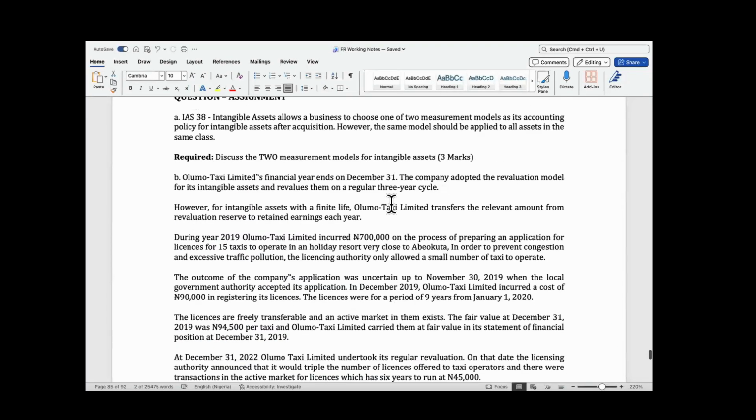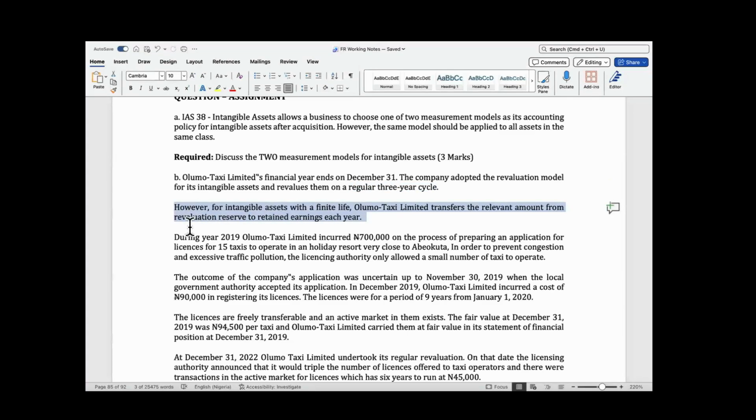So what's happening? Oluomo Taxi Limited's financial year end is December 31st. The company adopted the evaluation model for its intangible assets and evaluates them on a regular 3-year cycle. However, for intangible assets with a finite life, Oluomo Taxi Limited transfers the relevant amount from evaluation result to retained earnings.